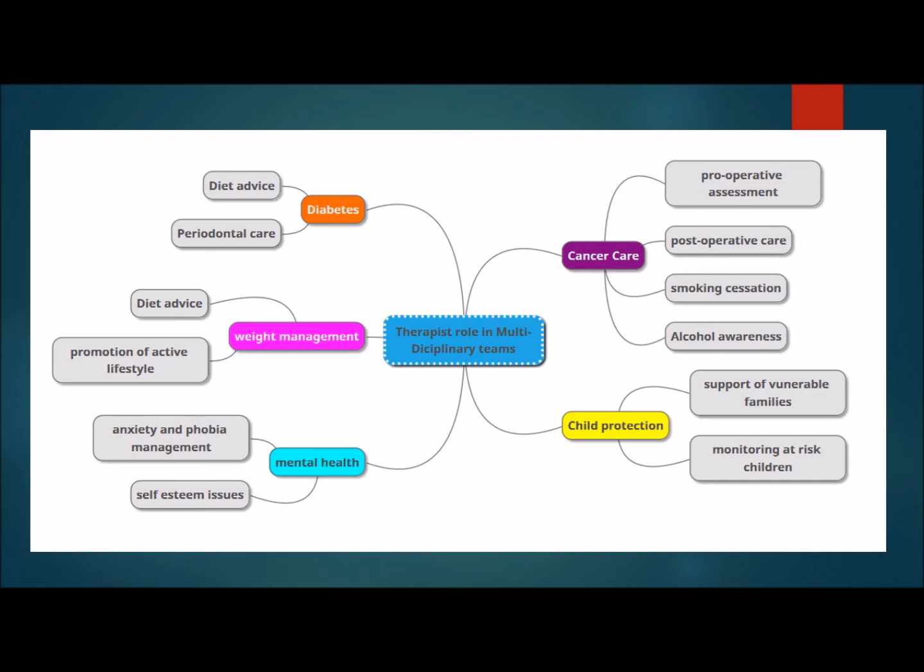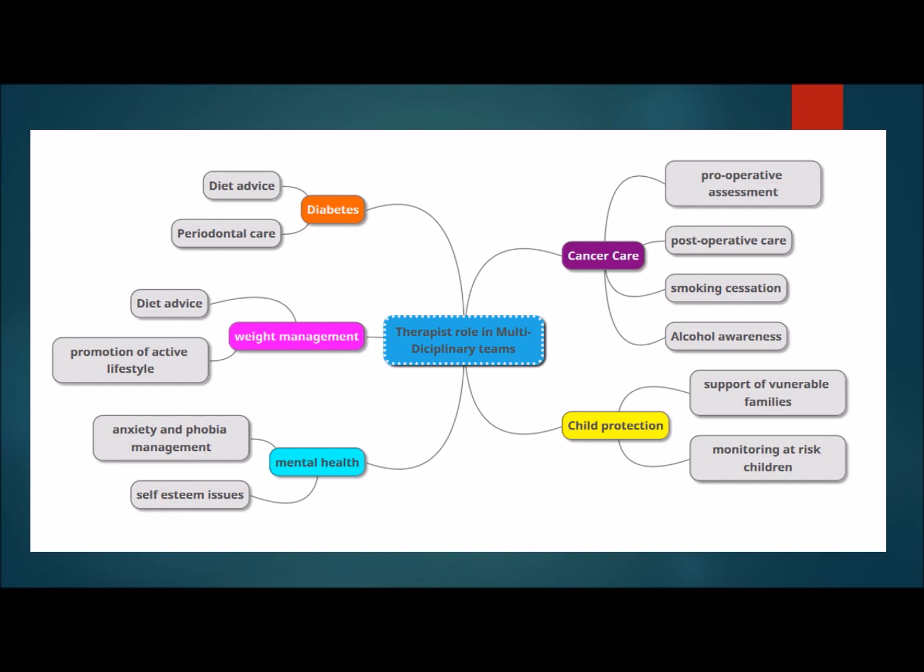You could be providing diet advice, but you need to make sure that diet advice is consistent with the advice that the diabetic team's been given. Your periodontal management is also important, so the diabetic team should know what's going on there. So, working together to get the best possible outcomes.